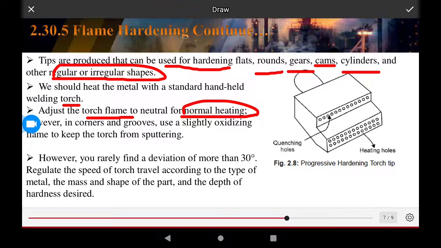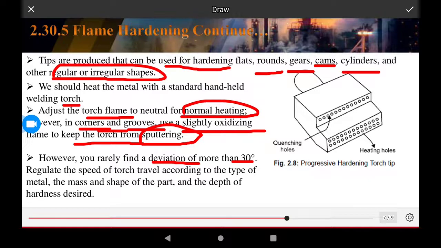However, for corners, grooves, and sliding surfaces, an oxidizing flame is used. You will find deviations of more than 30 degrees; regulate the speed of torch travel according to the type of metal, the mass and shape of the part, and the depth of hardening desired.